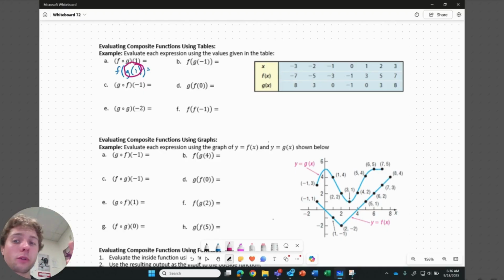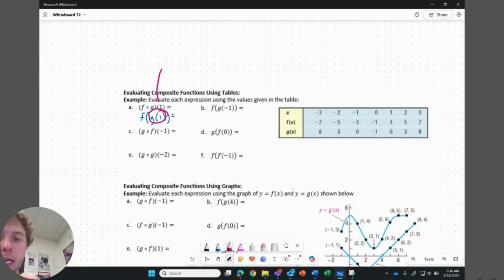There's a value of 1 inside of the G function. So what that is telling me is I need to figure out what G of 1 is. Well, what that means is we need an X value of 1. So I'm looking in the X values. And then I need to determine the Y value that G gives us. So I find an X value of 1, and I need the G value at that time, which is 0.